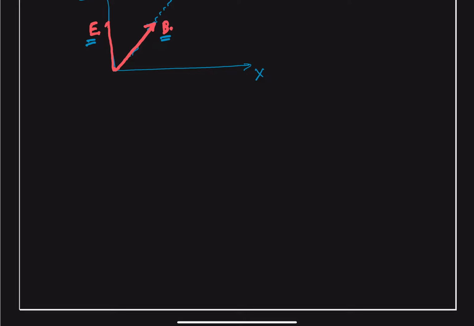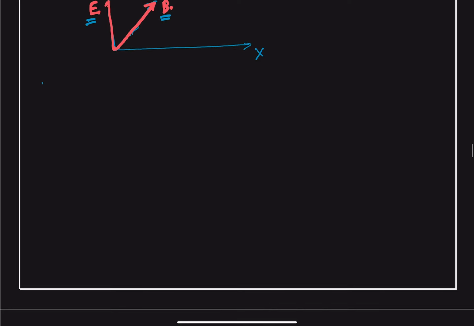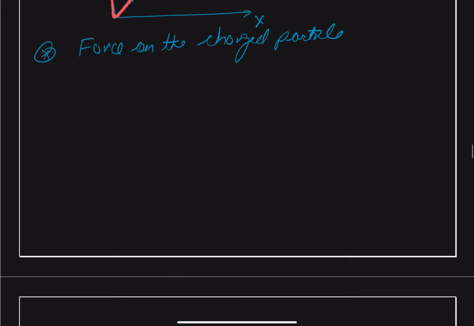So we can say the force on the charged particle, let us call that force F, will be a combination of electric as well as magnetic force.